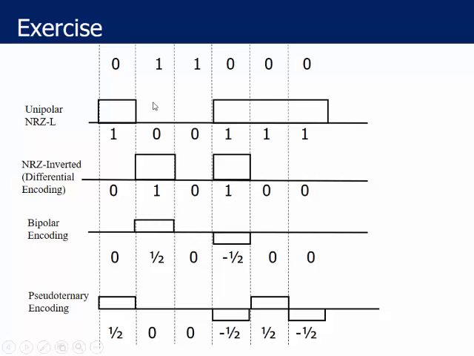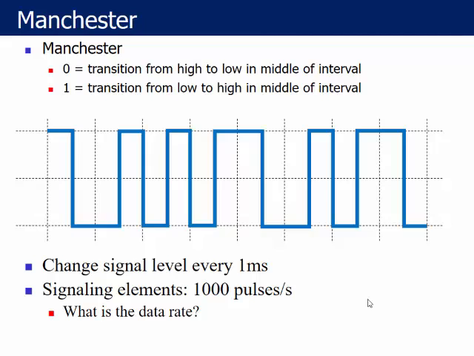This one is talking about transitions, but this one looks at the value only. So data value, if it is 0 bit, then alternately half voltage. 1 bit, no voltage.